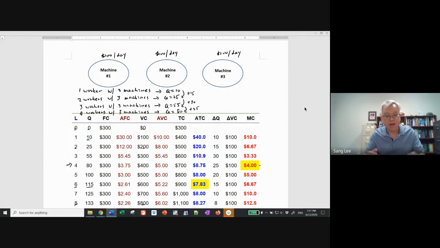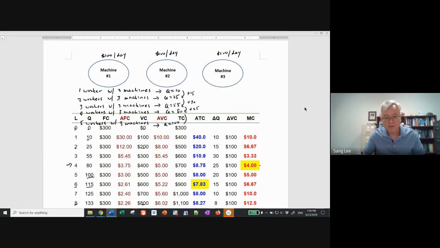Now, if you hire 5 workers, so here you hire 5 workers, and so 5 workers are combined with 3 machines. Then total output is still increasing to 100. Total output increases to 100.